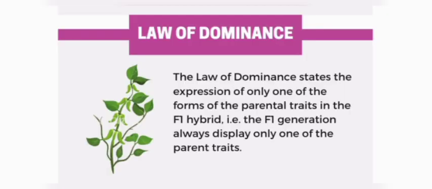His first generalization was the law of dominance, which states the expression of only one form of the parental traits in the F1 hybrid. That is, the F1 generation always displays only one of the parental traits, that is the dominant trait.